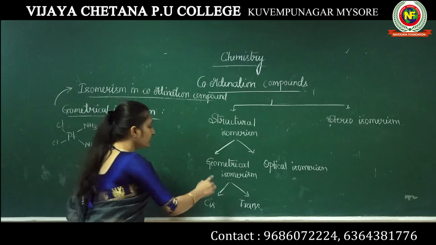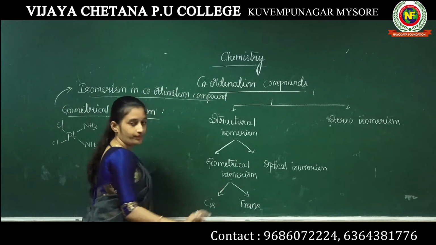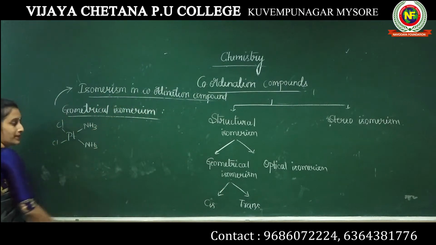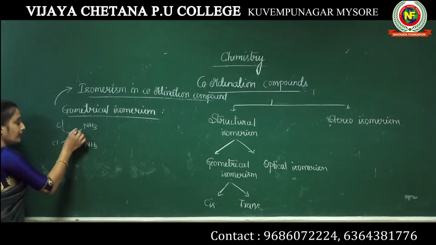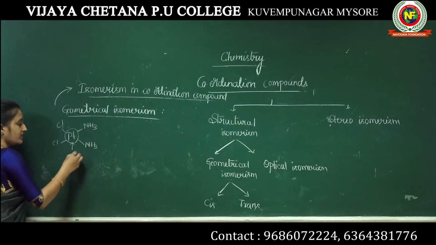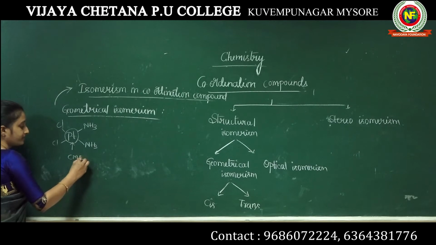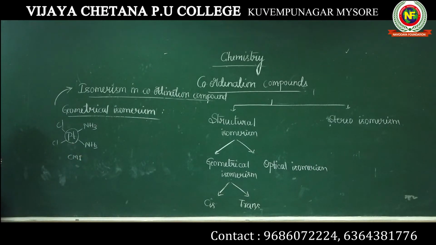See, geometrical isomerism, two types. Now, the central metal atom is platinum. CMI means central metal ion.